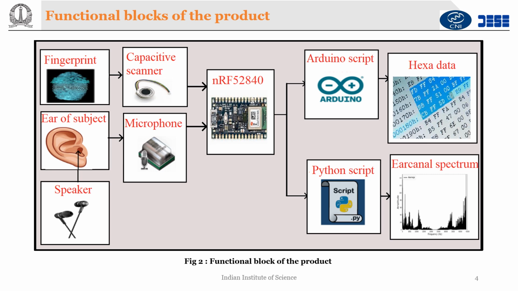We want to study those reflections based on the ear canal shape: how curvy it is, how bony it is, and different acoustic features of the ear canal. So we take the signals from the fingerprint and ear canal and send them to a microcontroller, and then we run various scripts to bring out the data and to study the features.